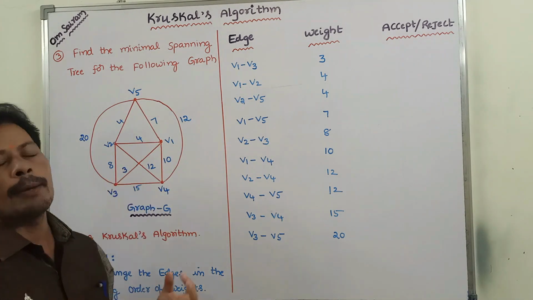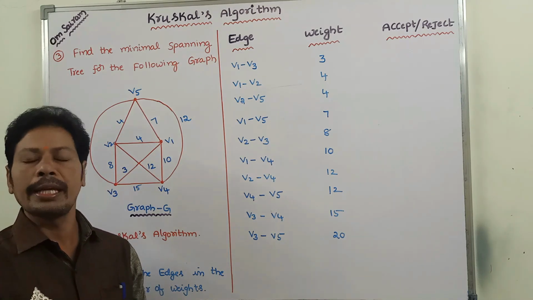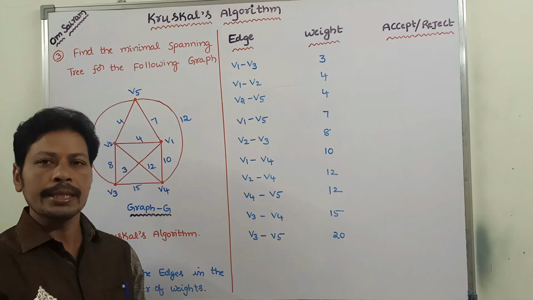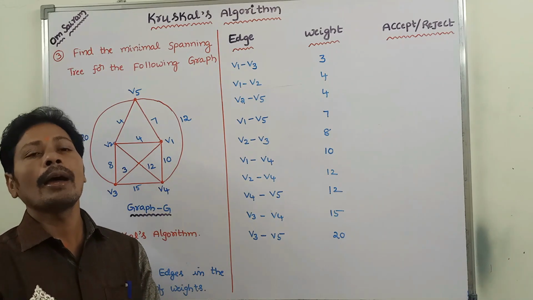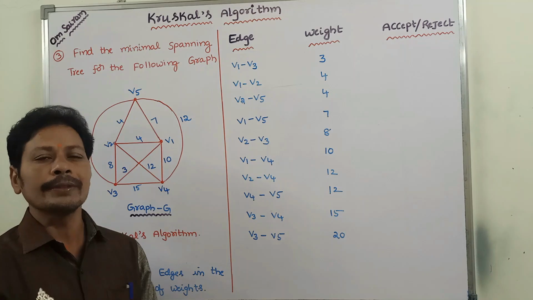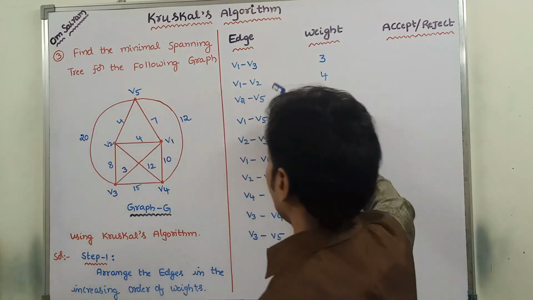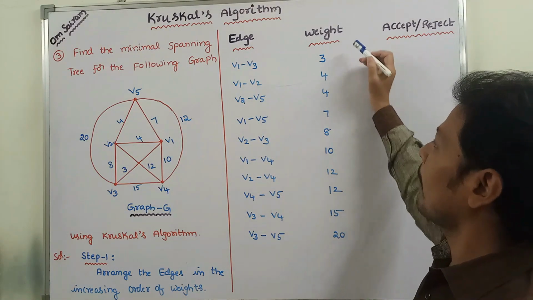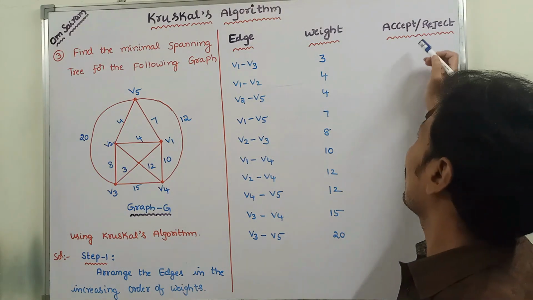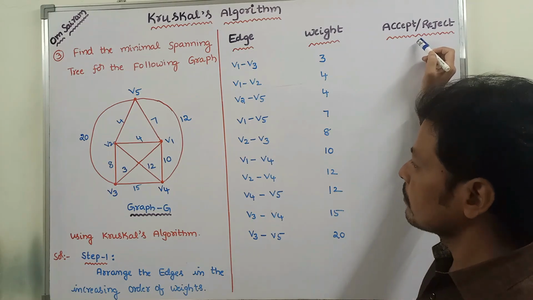The first step for constructing the minimum cost spanning tree in Kruskal's algorithm is to arrange all the edges in the increasing order of their weights. I am taking the first column as edges, the second column as weights, and the third column as accept or reject.